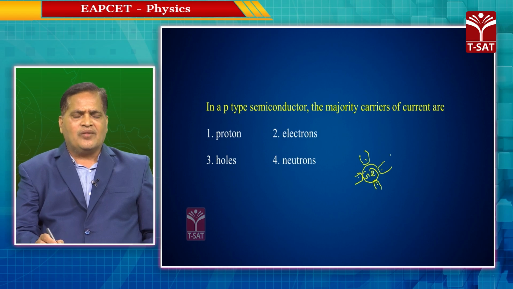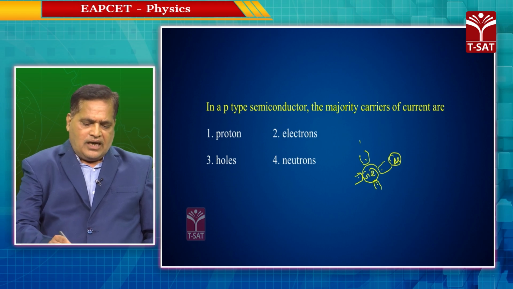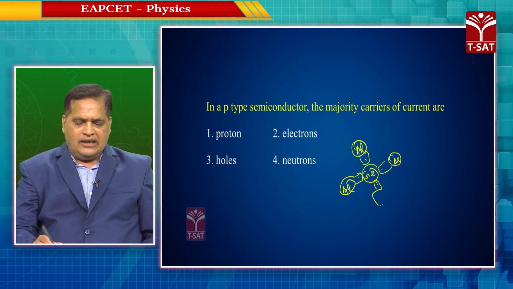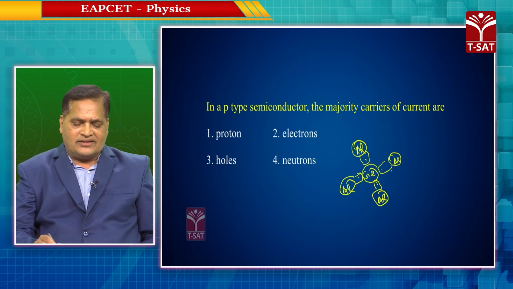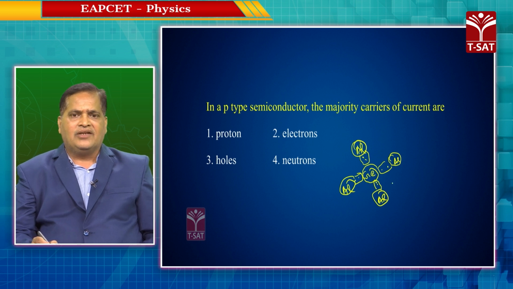Okay, here suppose you are talking about trivalent substances. I have taken aluminium. On the outer side of aluminium only 3 valency electrons are there. Here 1, here 1, here 1, 3 covalent bonds are formed, but here on the aluminium side one empty is there. This empty is called the hole.